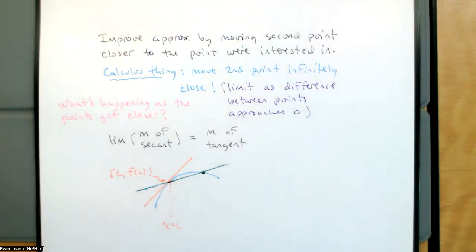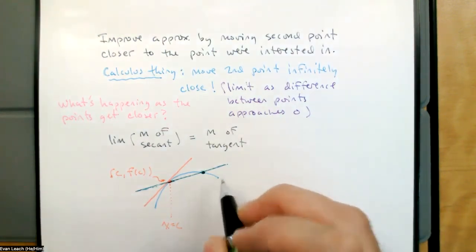But I'm going to take this point that's a little bit a ways away. I want to use my starting point, my c comma f of c, as a starting point. So I'm going to write how far this one is relative to the previous one. I'm going to say this is h units away in the x direction.